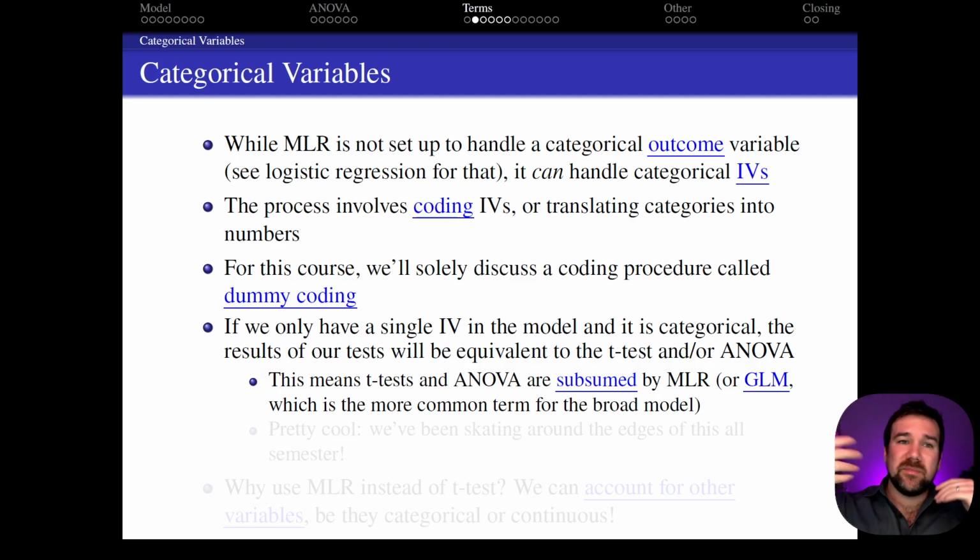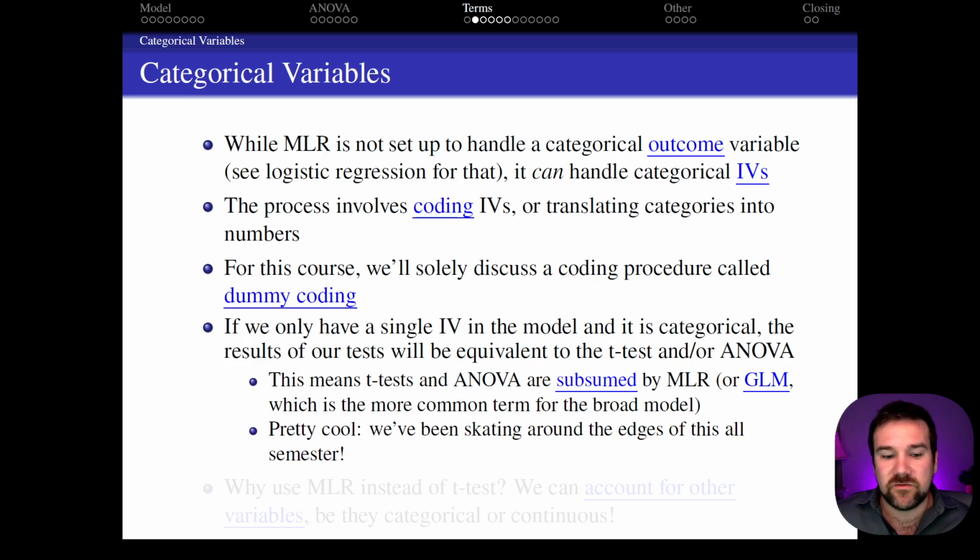When we start mixing categorical and continuous independent variables, you can still call it multiple linear regression, but sometimes a generalized linear model. Typically, we mention ANOVA subsumed by the general linear model, and regression is also subsumed by the general linear model. So all of these things fall under that broader umbrella.